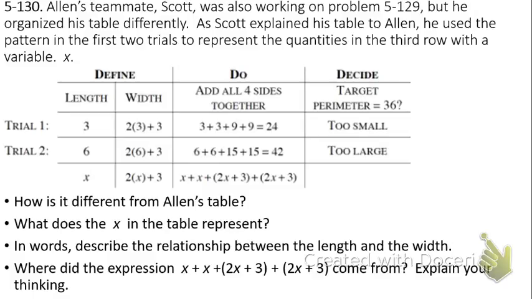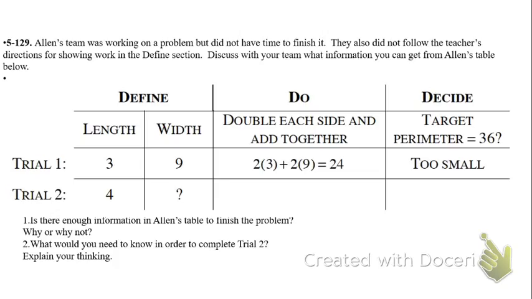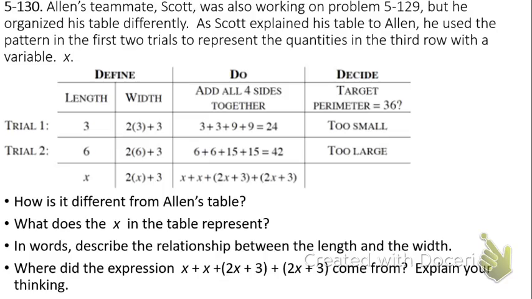So, first question, how is this table different from Alan's table? You may want to take your video back to where you can see the previous problem so that you can compare what the differences are. Okay, now one of the big differences that I see as I go through, they're both doing length and width, but Scott is doing something unique in that he's showing me where the width came from.